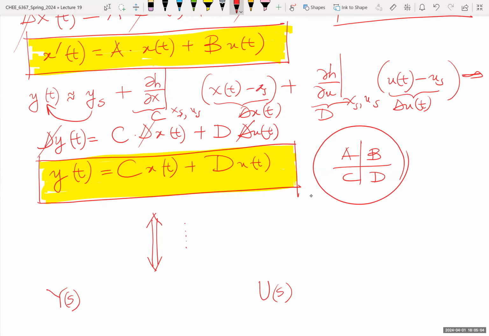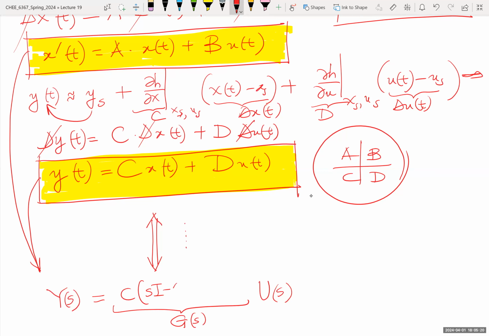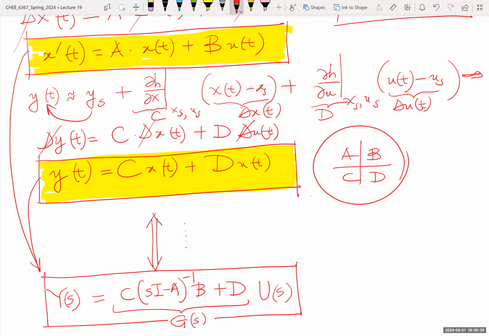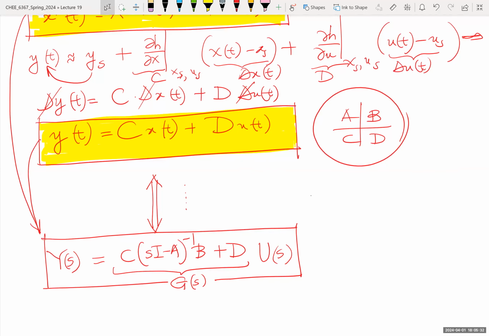You take Laplace transforms of this, and then you use the output, and eventually you get y of s is a transfer matrix, which is C (sI minus A) inverse B plus D. So give me A, B, C, D, I'll give you the transfer matrix.